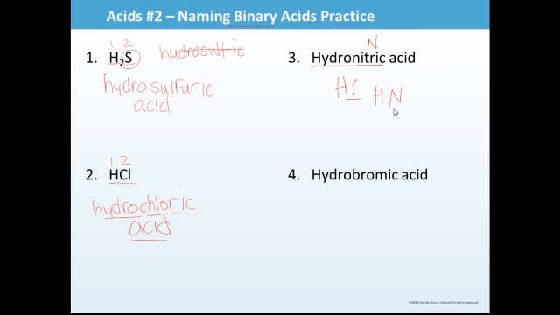But be careful, because acids form like ionic compounds. Remember how we said an ionic compound is metal, nonmetal? And remember, way back at the beginning of 3.08, ionic compounds are formed metal or hydrogen and a nonmetal.